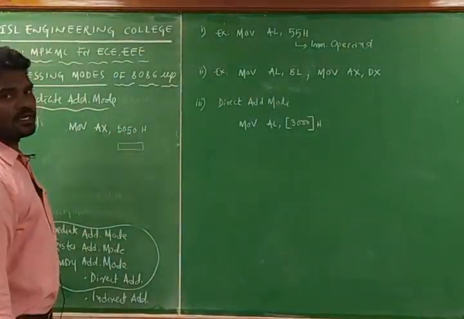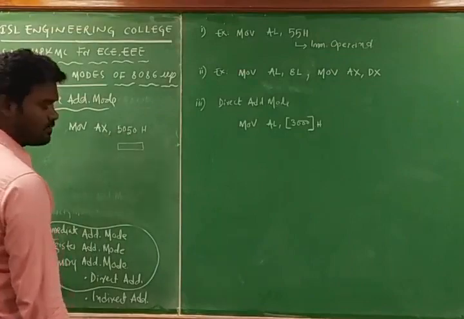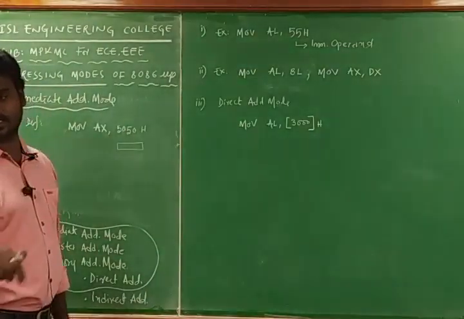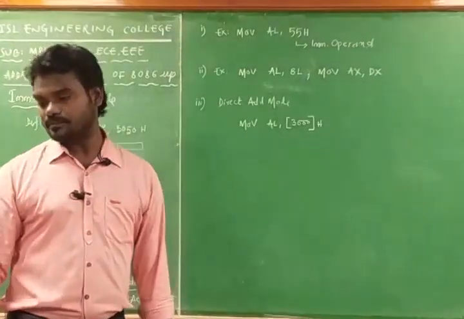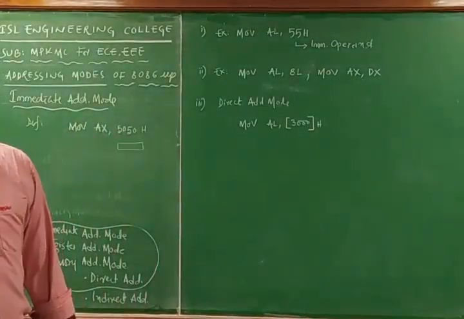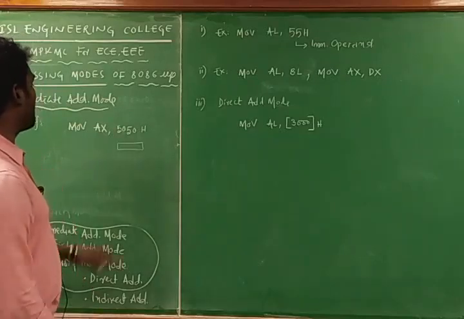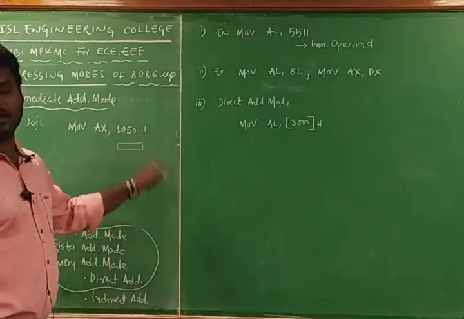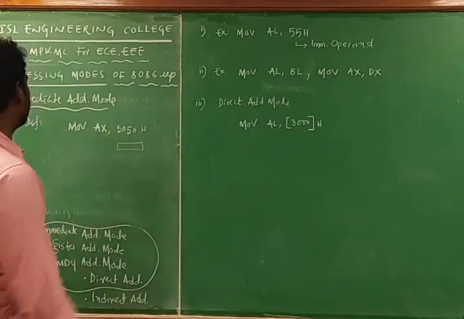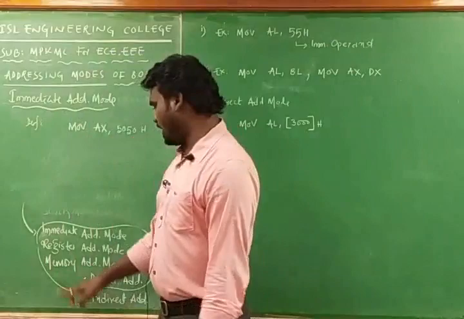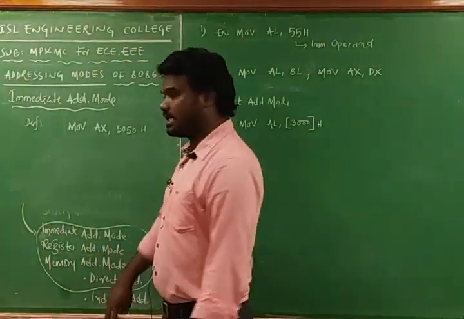In immediate addressing mode, the operand is specified in the instruction itself only. That means operands can be specified as part of the instruction. This is the best example for the immediate addressing mode. And coming to the next one, it is register addressing mode.